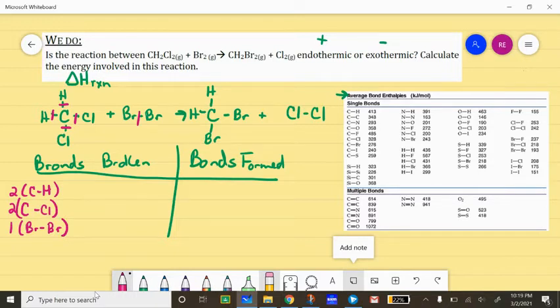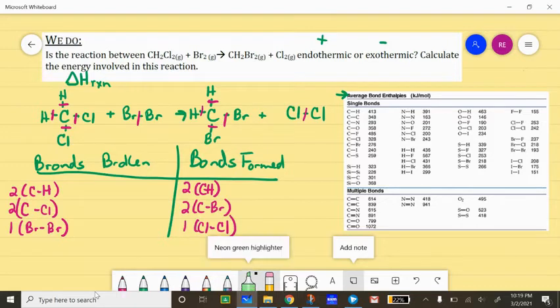On the product side, we've got, again, two carbon-hydrogen bonds, two carbon-bromine bonds, and a chlorine single bonded to a chlorine.